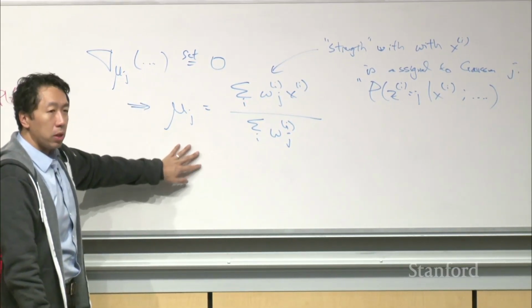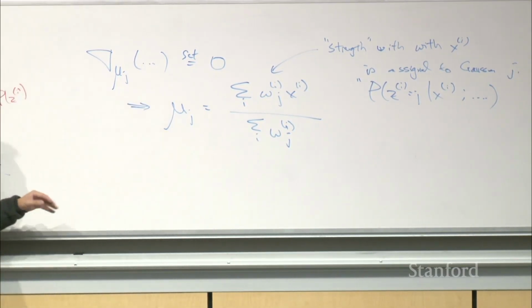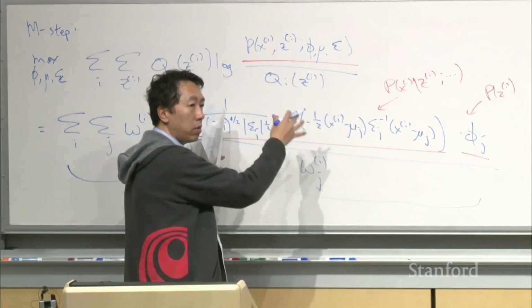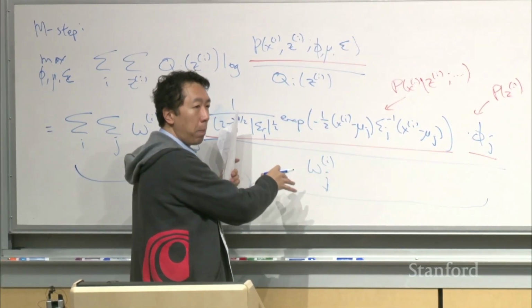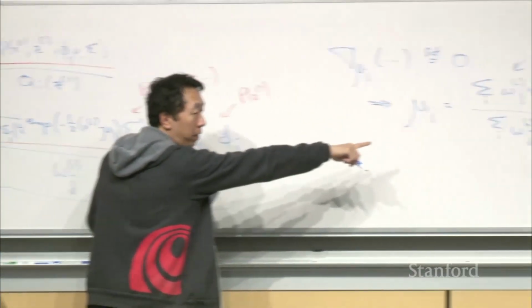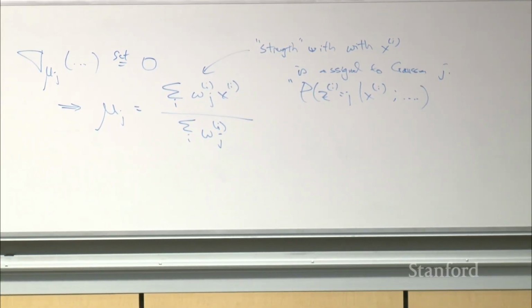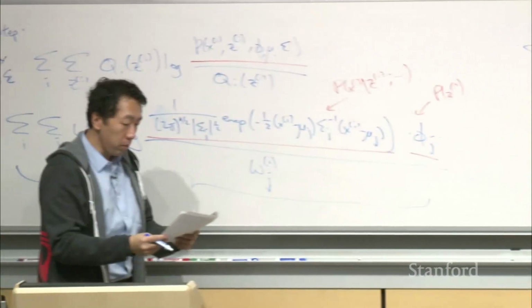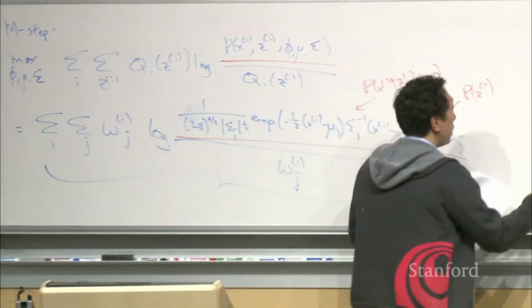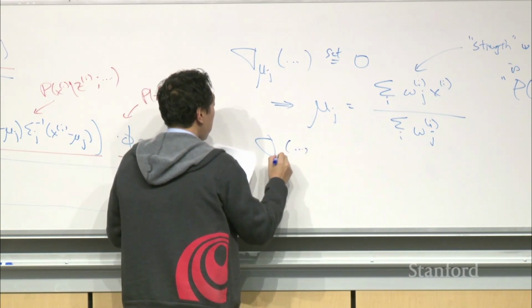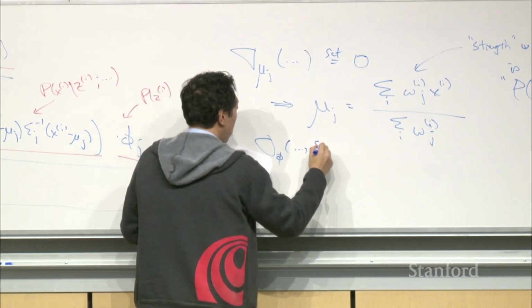But the rigorous way to show this is the right formula for updating mu j is looking at this objective, taking derivatives, setting the derivatives equal to 0 to maximize, and therefore deriving that equation for mu j, by solving for the value of mu j that maximizes this expression. And similarly, you take derivatives with respect to phi and set it to 0.